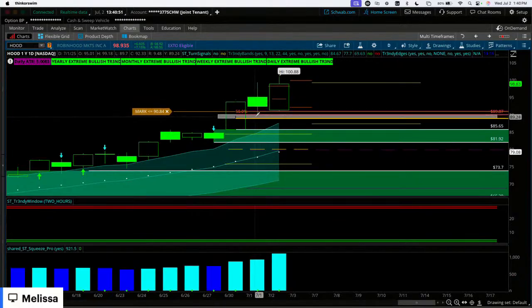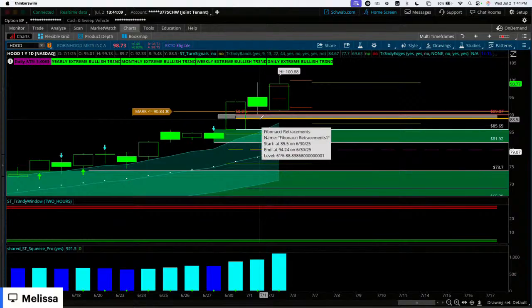So, beautiful example of looking at a stock that is very bullish, taking a look at where the golden pocket is at and buying that 50 to 618 Fibonacci retracement there.